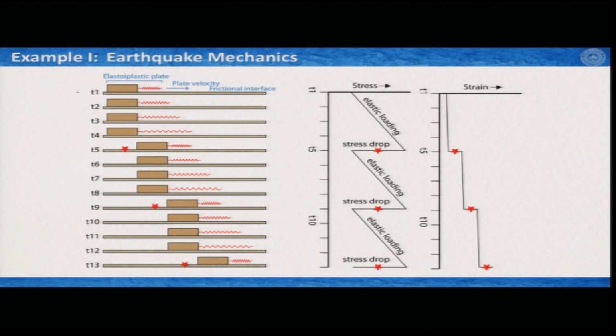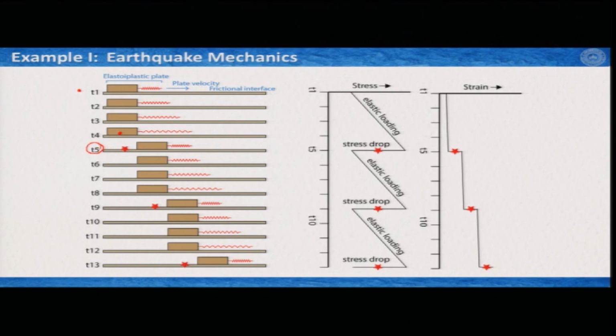So, at T1 things are very stable. Now, the plate velocity has been applied to this spring. So, the spring is slowly expanding, as you can see, and when we overcome this frictional resistance here, this block suddenly moves forward, and that happens at T5.